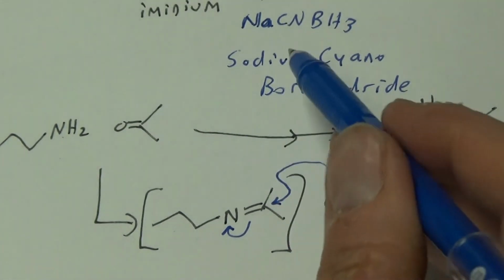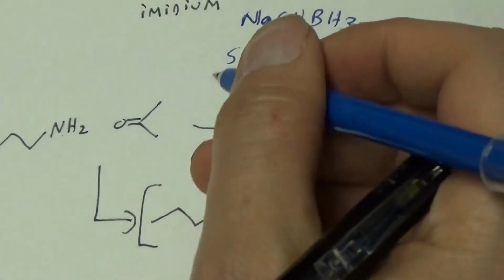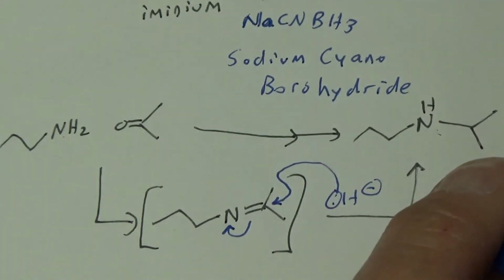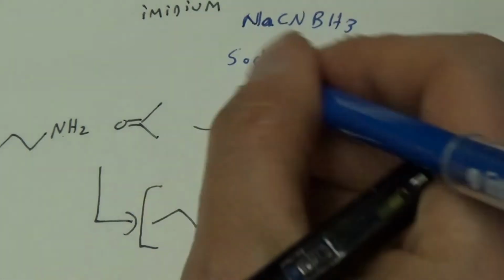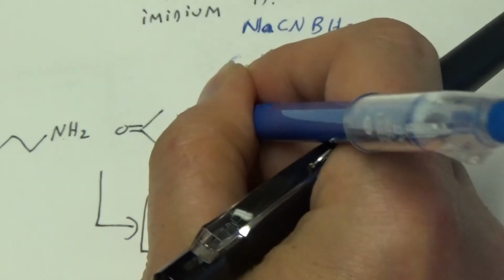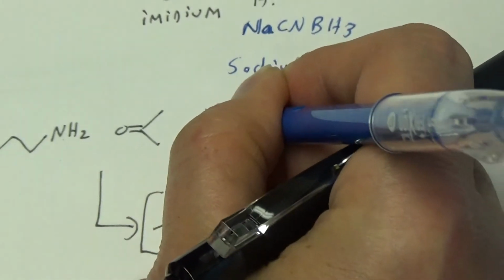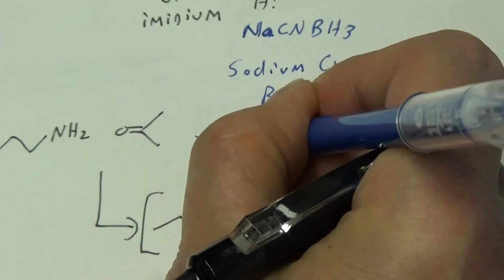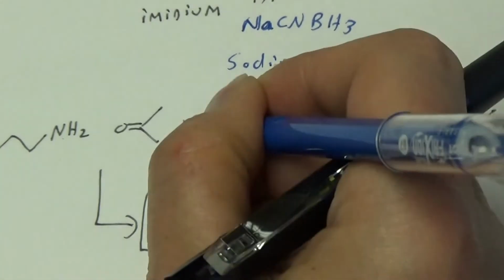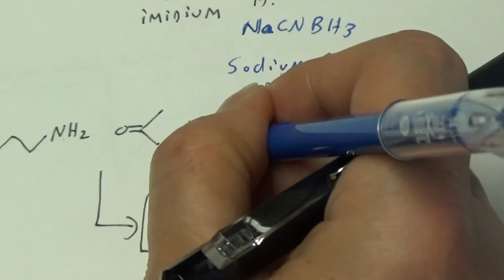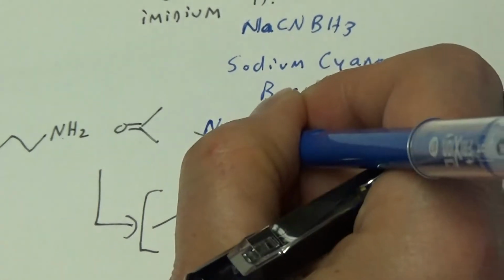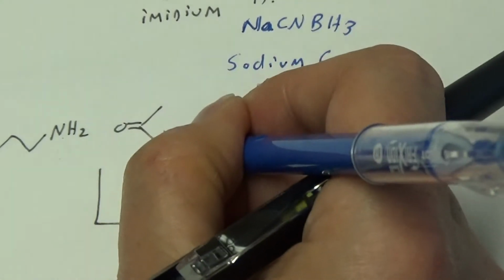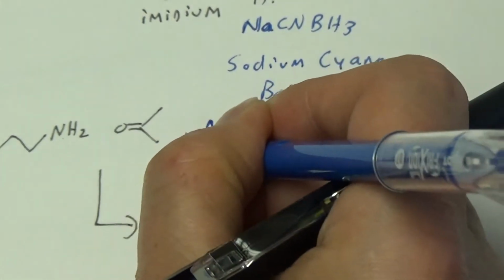And the reagent again is NaCNBH3, and it's usually at a slightly low pH. So the reagent, I'll draw it over the arrow. NaCNBH3, methanol is a solvent normally, and we'll say pH 2 to 3.